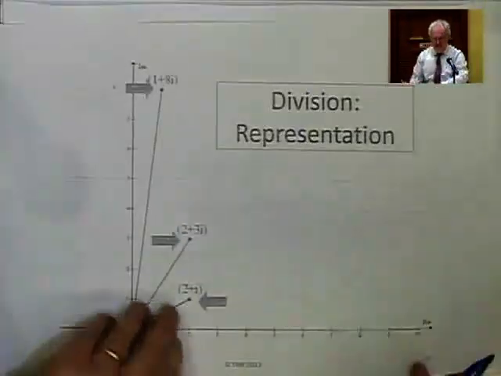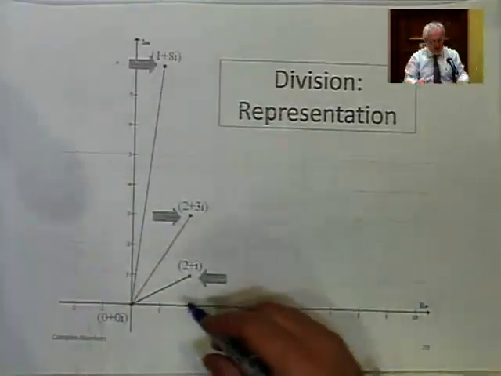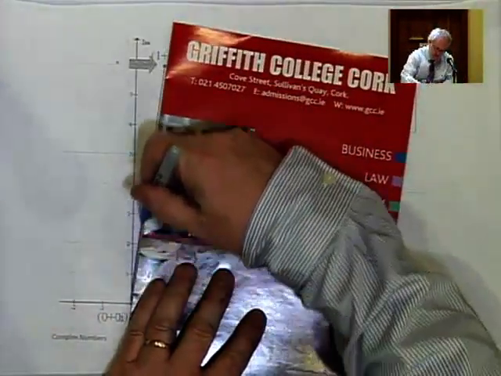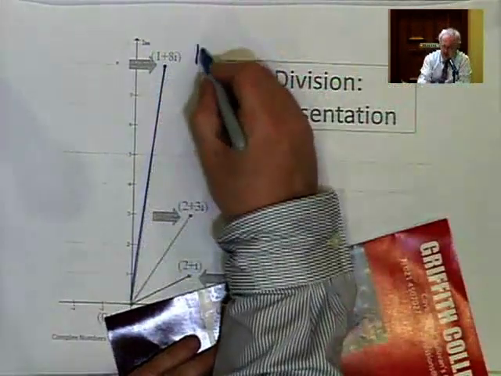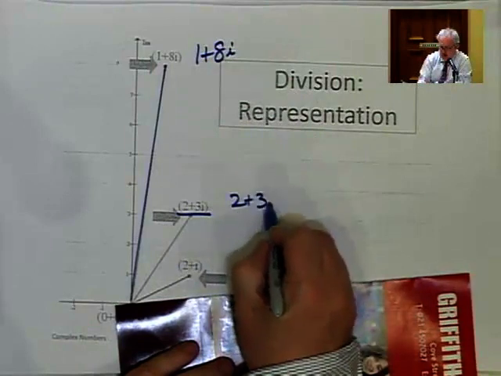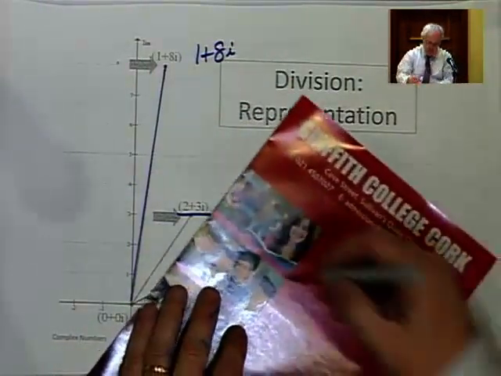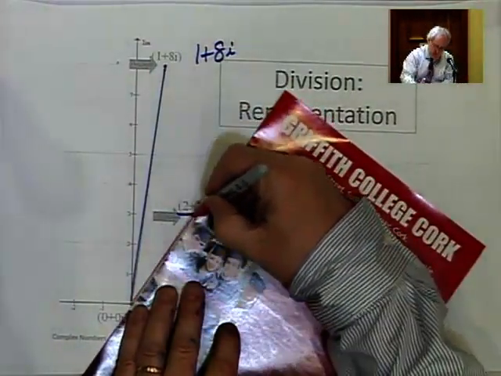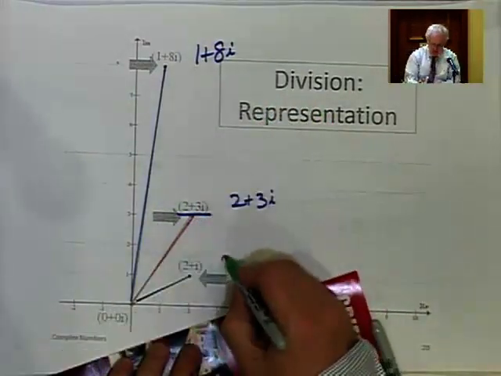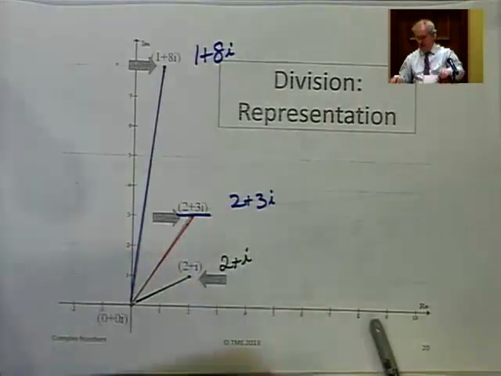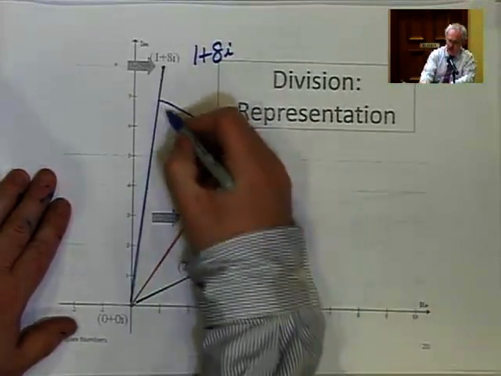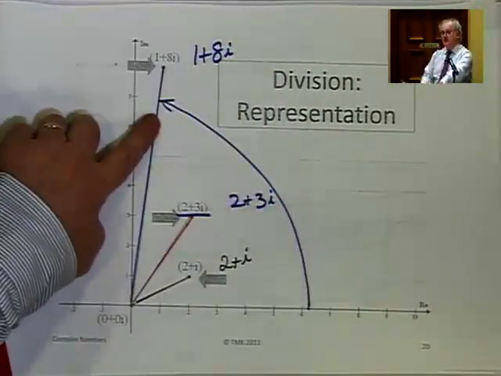Graphically, what's happening is that we started off here with 1 plus 8i. We divided it by 2 plus 3i. And we ended up at 2 plus i. We started with a huge angle, almost 90 degrees.